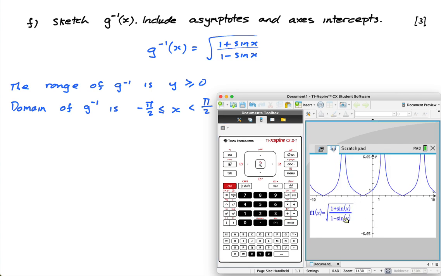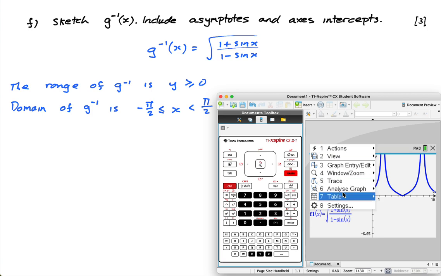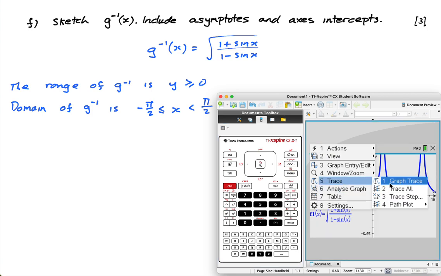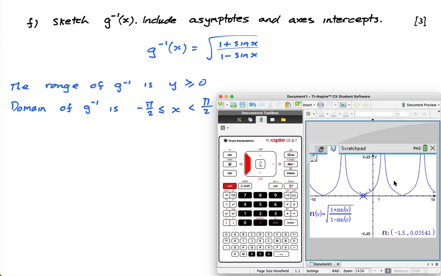But as I've said, we have restrictions on the domain, and the range is y is greater or equal to 0. So it's going to go from negative pi over 2 to pi over 2. Now let's just do a little trace on this graph, because you can move along here.